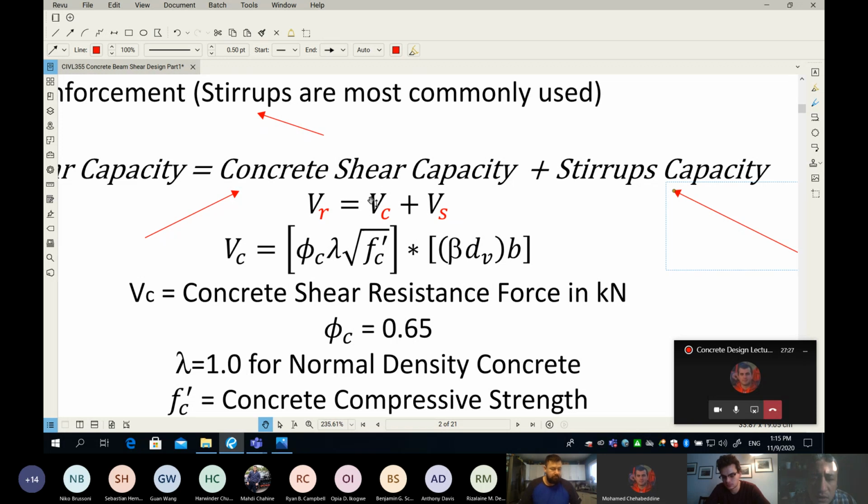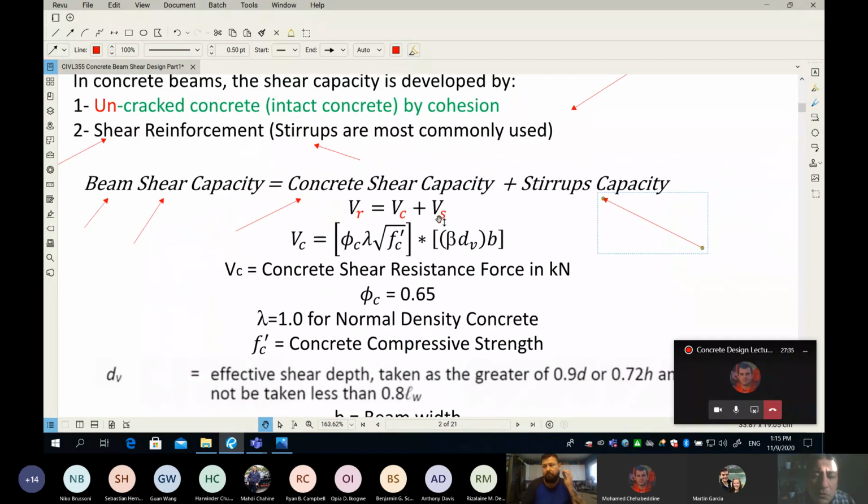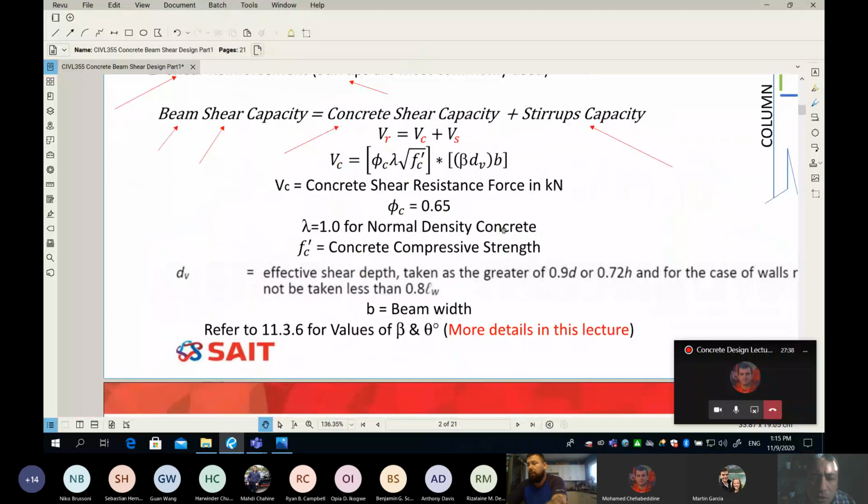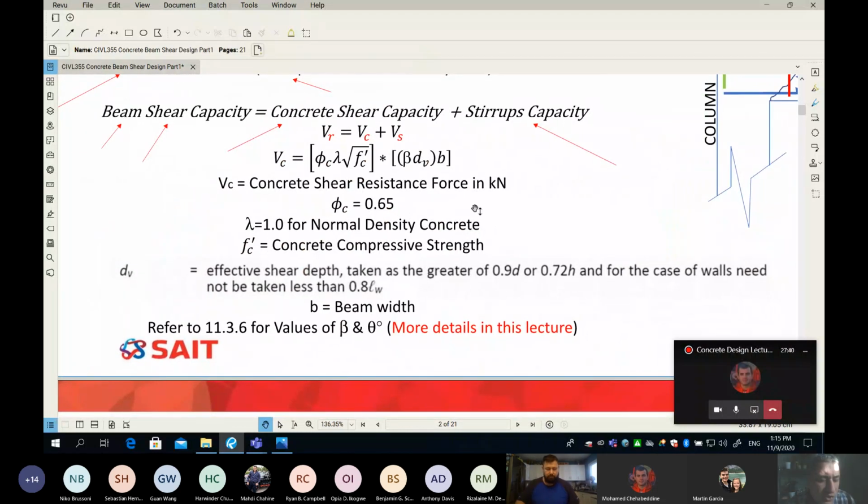The first component is how much the concrete can take, in addition to how much my stirrup can take. Let me remind you of the first part. The first part is completely unchanged, which is V sub C. V sub C is concrete shear capacity. It's not going to change between slab and beam. Everything stays the same, no change.